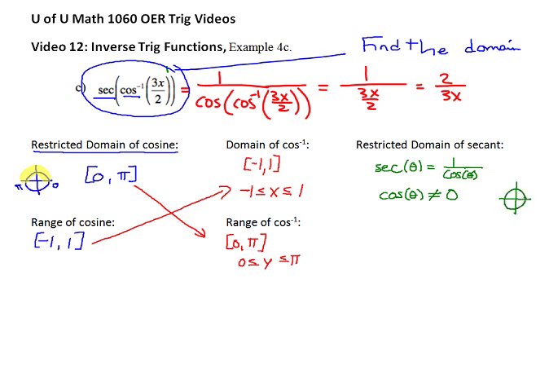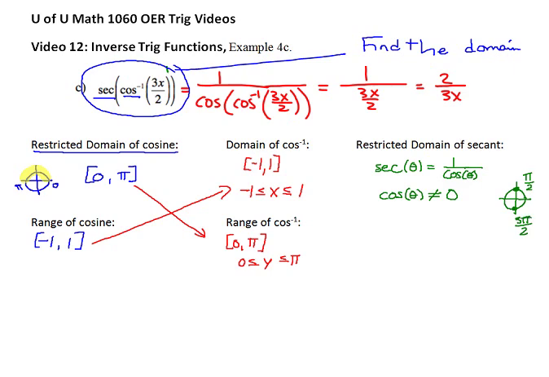Again, using these pictures to help me, I see that cosine equals 0 up here at pi halves, or 5 pi halves, or -3 pi halves. There's lots of different angles that correspond to this position. It's also down here at 3 pi halves, or other angles corresponding to it.